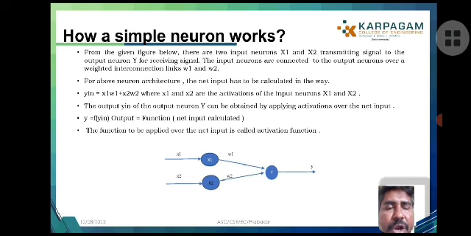For the above neuron architecture, the net input has to be calculated in this way: Yin equals x1 W1 plus x2 W2, where x1 and x2 are the activations of the input neurons. The output Y of the output neuron can be obtained by applying activations over the net input, so Y equals f of Yin, output equals function of net input. The function to be applied over the net input is called the activation function.